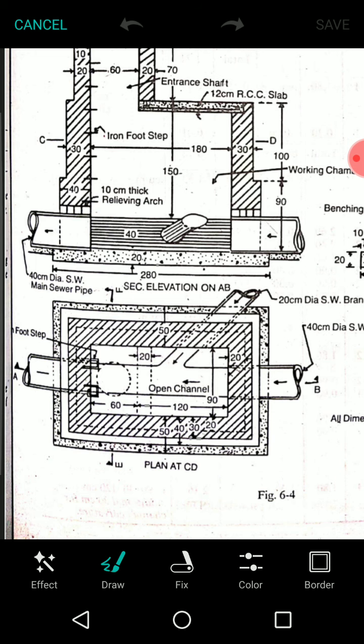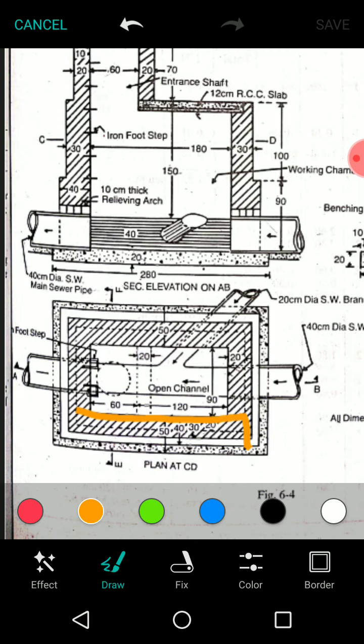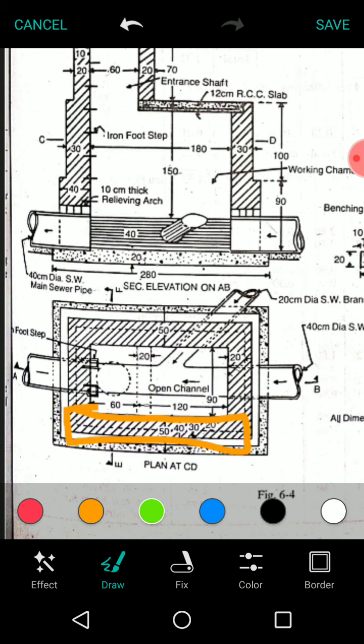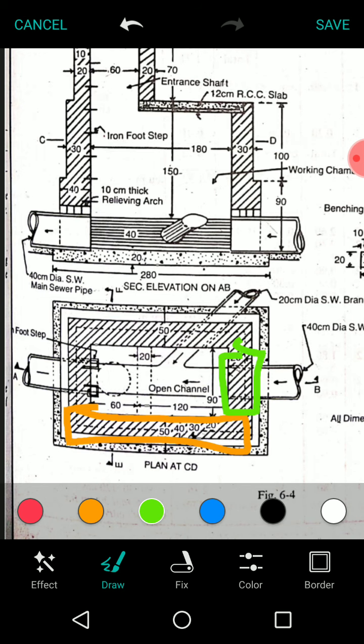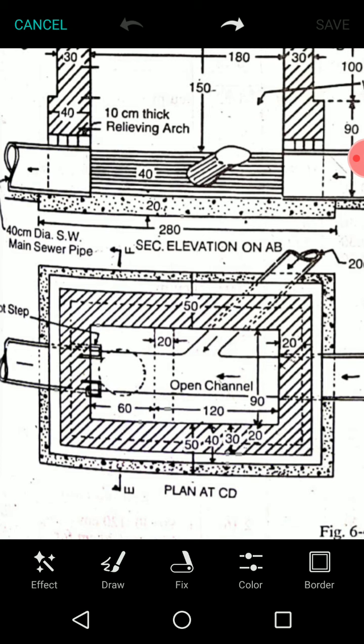So in the plan you can observe this particular portion is the long wall, correct? And this portion is the short wall. So let us see the dimension of the long wall here.